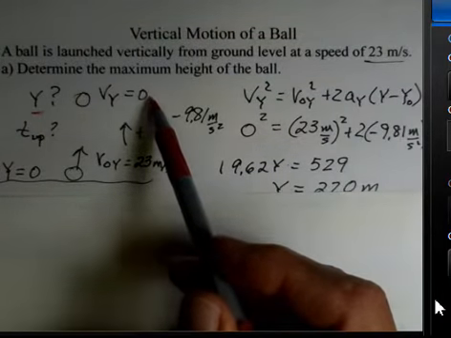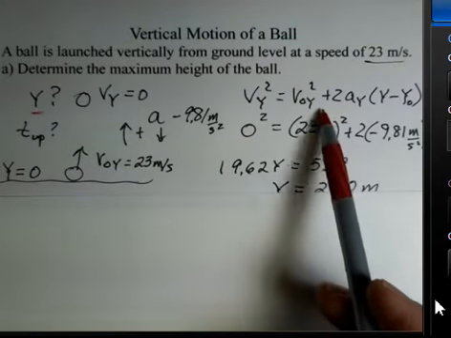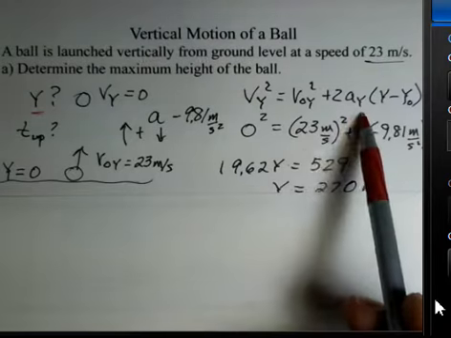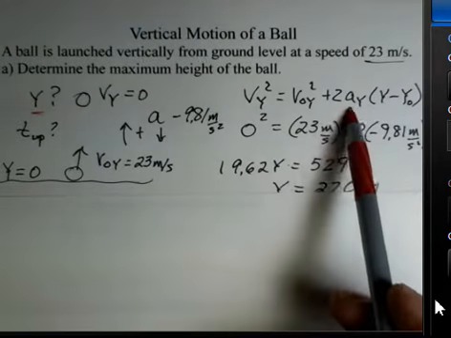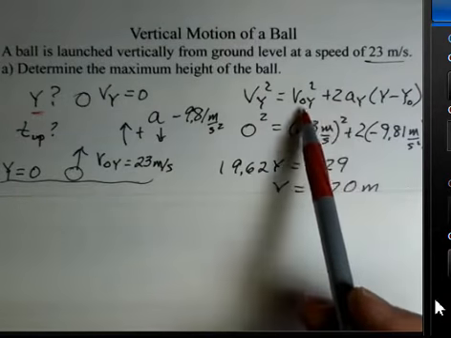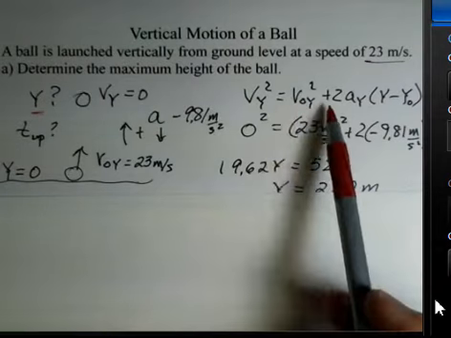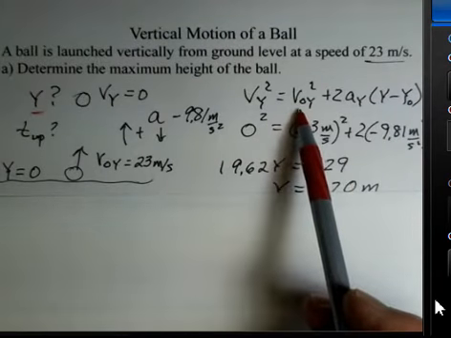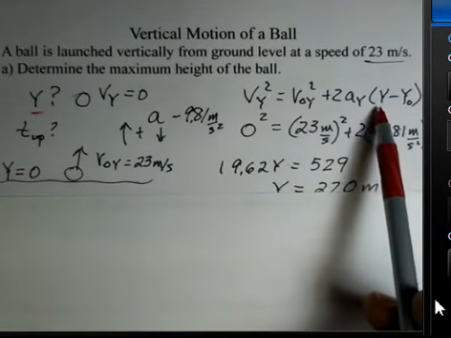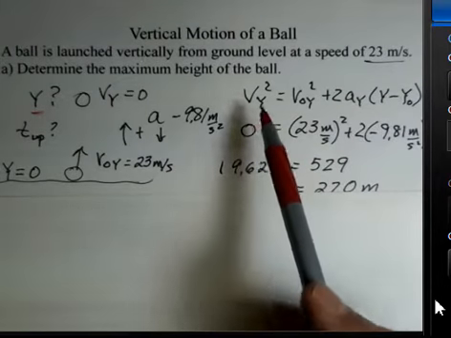Its velocity is 0. You should review the kinematic equations if necessary, but there is a kinematic equation for uniform acceleration that does not have time as one of the variables. This is the equation we should use. It has the unknown we're searching for, the y, and all the rest of the variables have known values.